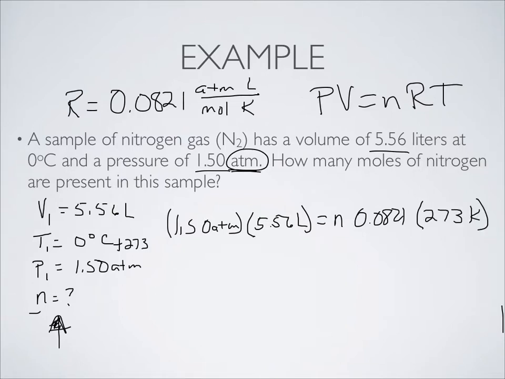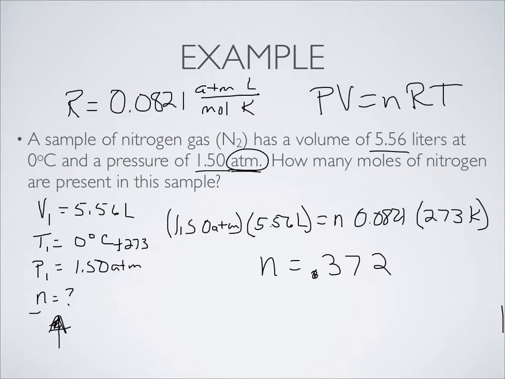And then just multiply all this stuff out. The way that I would do this is I would say 1.5 times 5.56, and then I divide by 0.0821, and then divide by 273, and I get, for number of moles, 0.372.